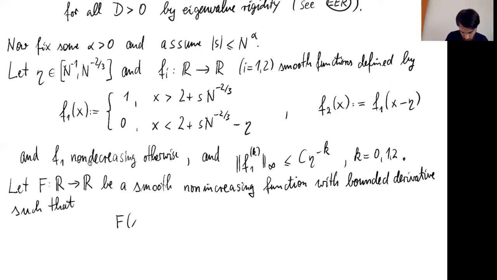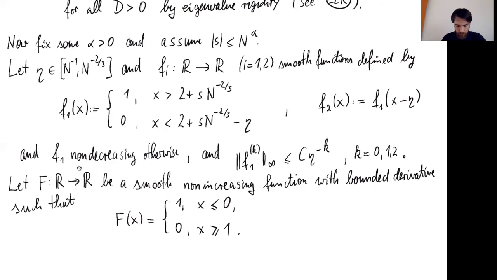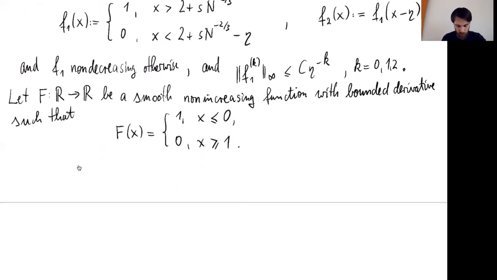I again define it only for large and small values, and in between one can interpolate. So if x is smaller than 0, then it's 1, and if x is bigger than 1, then it's 0. And then I have the following formula.